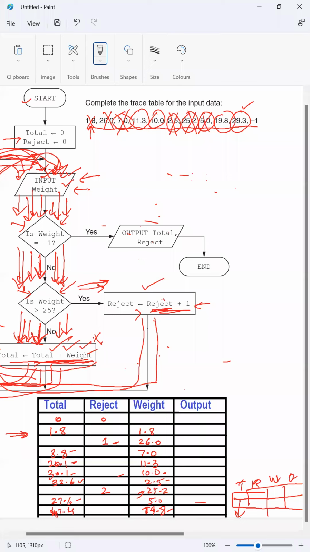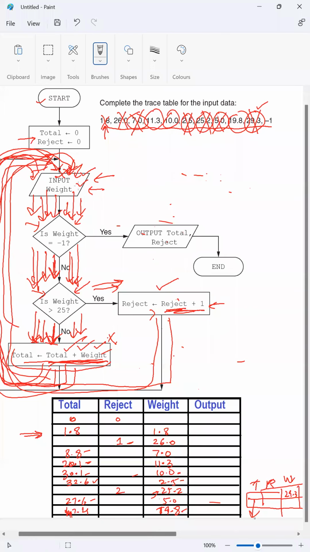So what is the next input? The next input is 29.3. So we're going to write 29.3 here. And then we're going to check, is weight equals to -1? The answer obviously is no. Is weight greater than 25? The answer is yes. So we're going to update what?